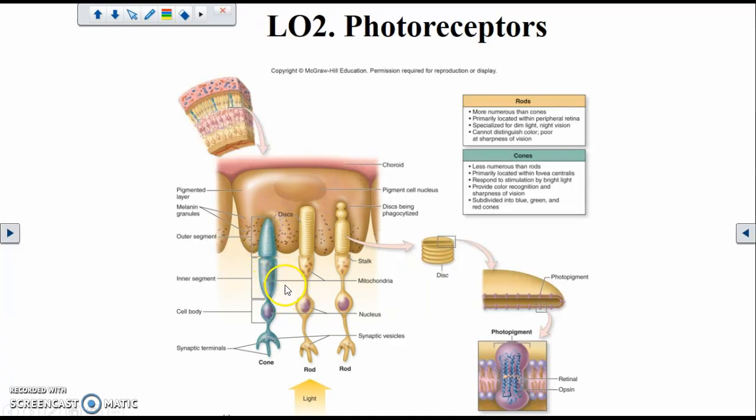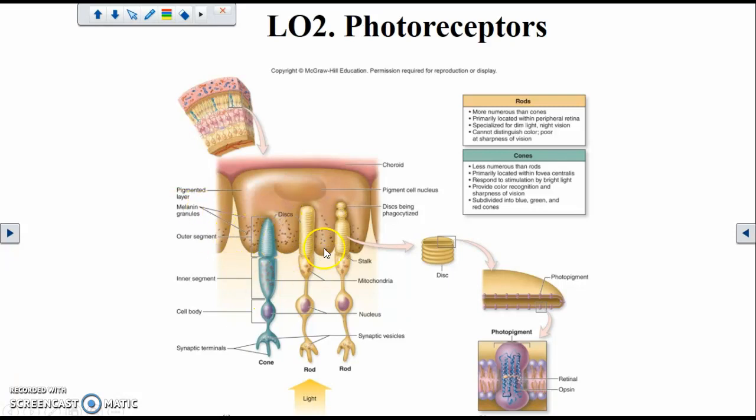You have three types of cones. You have blue, green, and red cones, and that is the cause of color blindness, which is normally for men. If you are missing, or if you don't have an appreciable amount of the blue cones, you'll be blue colorblind, right? Green, if you're missing green, colorblind, so on and so forth. All right, so that's where this comes from.